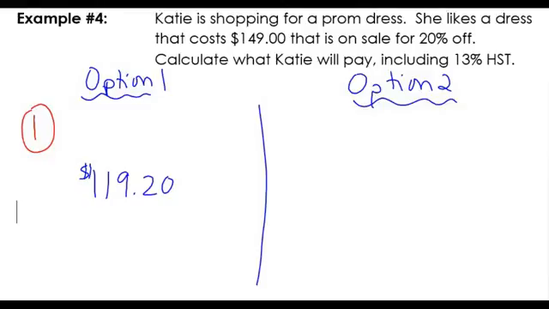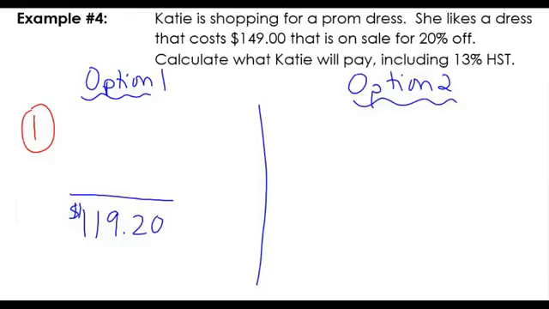And I want to know what the tax is going to be on that, right? So I want to know what the tax will be, and I know that 100% of what I'm paying is $119.20, but I'm paying 13% on top of that, so 13 out of 100.